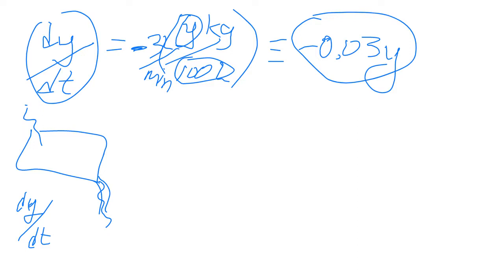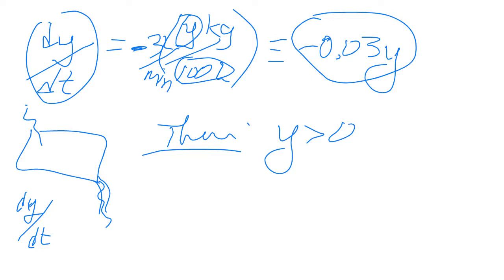And then what we can do is use our theorem, and our theorem says, hey, if y is greater than 0, which it is because it's kilograms of salt inside this brine mixture, so y is greater than or equal to 0, and for any t greater than or equal to 0, of course, t is time.